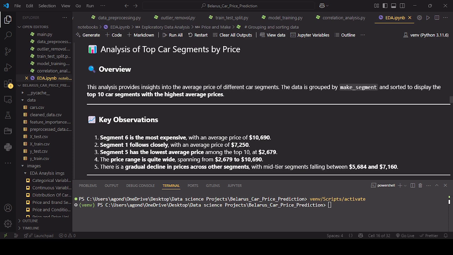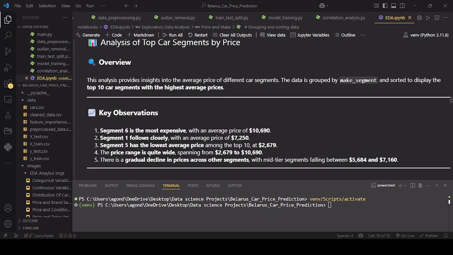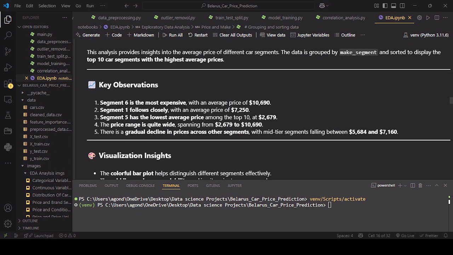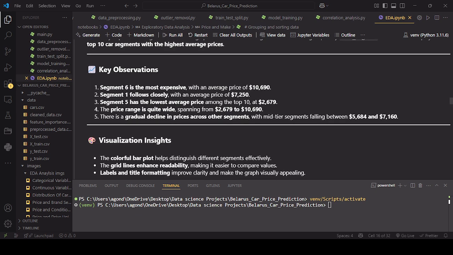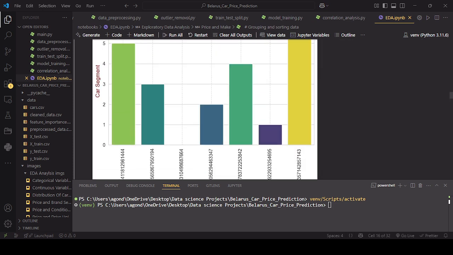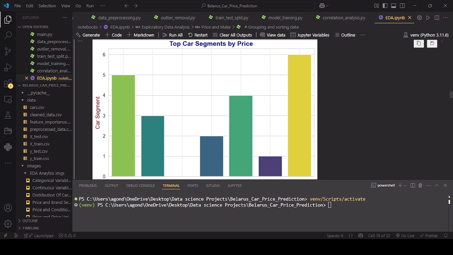The analysis provides insight into the average price of different car segments. The data is grouped by make segment and sorted to display the top 10 car segments with the highest average price. Key observations: as we have seen, segment 6 is the most expensive one.